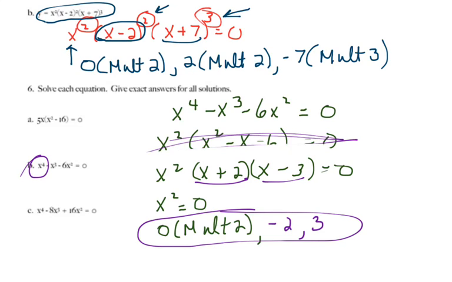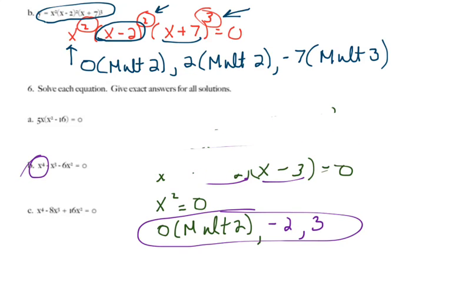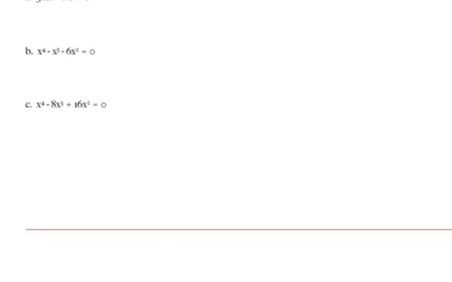And finally, moving on to problem C here. I just jumped to the next page. Problem C, I've got x to the fourth minus 8x cubed plus 16x squared equals 0. Looks like GCF is x squared.